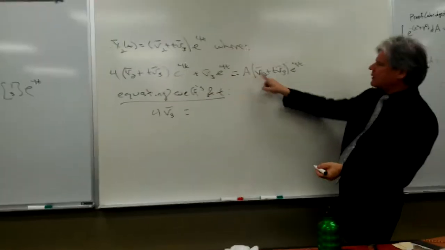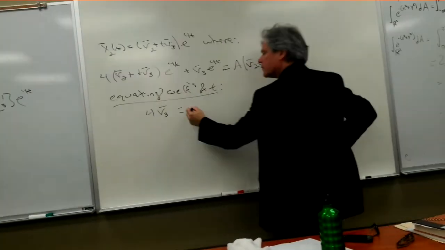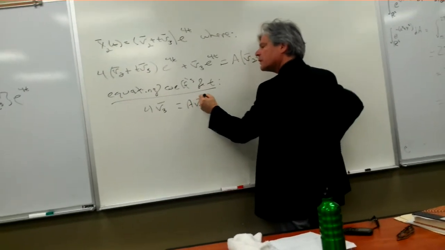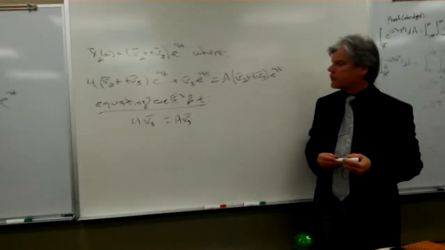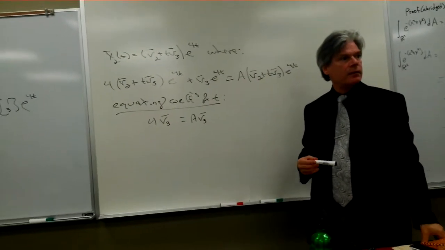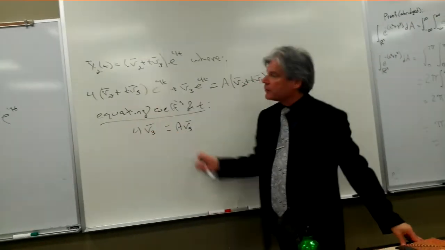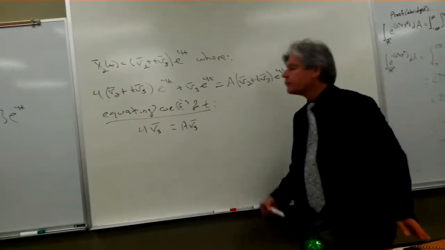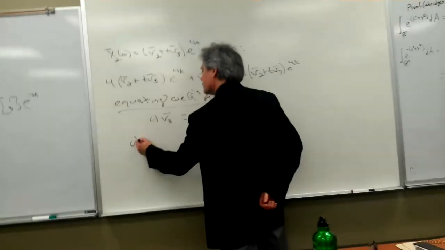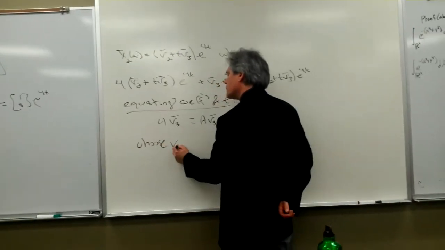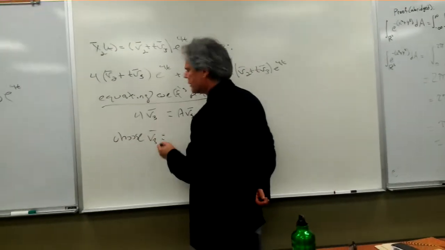Being equal to, on the right-hand side, would that be an A times V3 bar? So A times V3, oh, you guys, look at that. That just screams out at you. The V3 bar is an eigenvector corresponding to the eigenvalue of 4 for the matrix A. And you know what? I've already got one. So I will choose my V3 bar to be nothing more than my 1, 3.